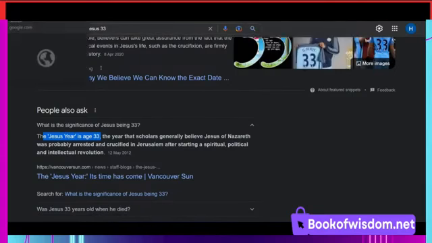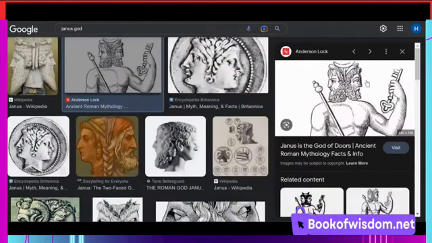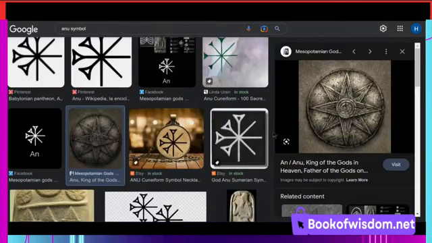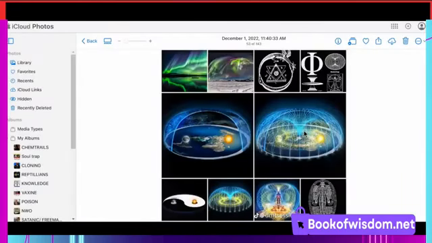This is what they're talking about with the Vatican, the 8-pointed star and the key. Janus with the key. The Sumerians with the 8-pointed star. Anunnaki, the 8-pointed star. Polaris, 8-pointed star. So Polaris is the way out of this realm, which is at the center.